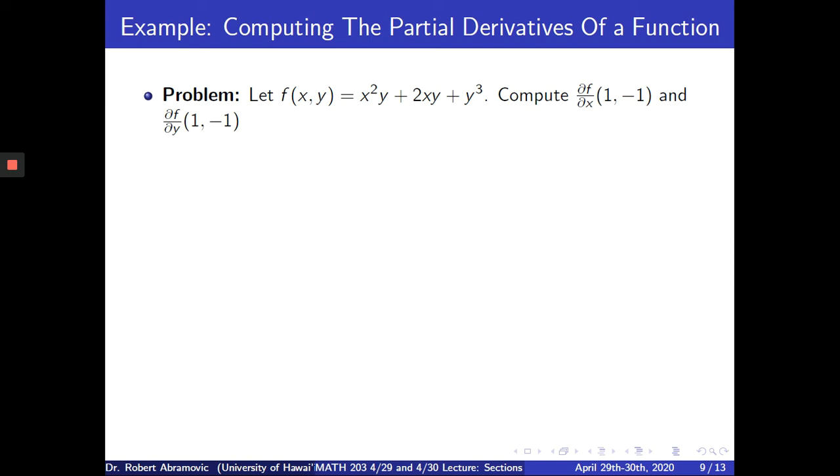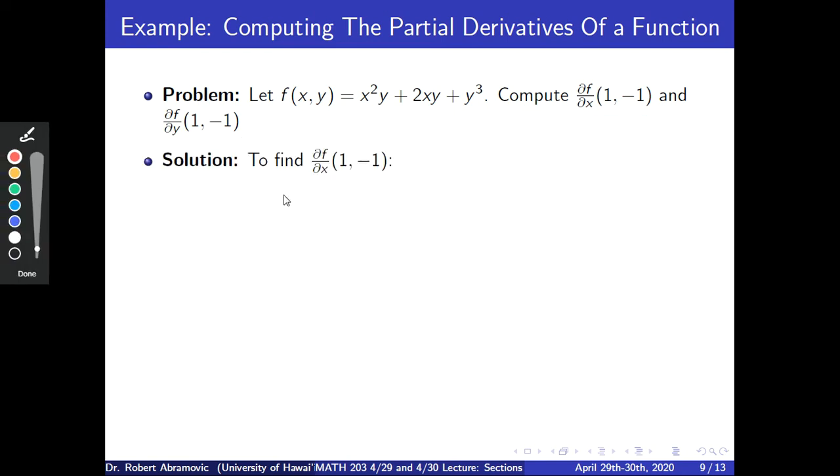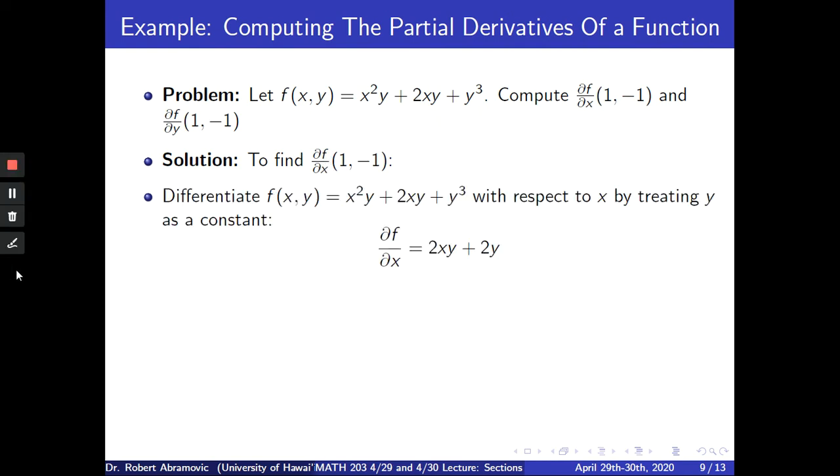f of x comma y is x squared times y plus 2xy plus y cubed. Our job is to compute partial f partial x at 1, negative 1, and partial f partial y at 1, negative 1. To find partial f partial x at 1, negative 1, here's what we have to do.